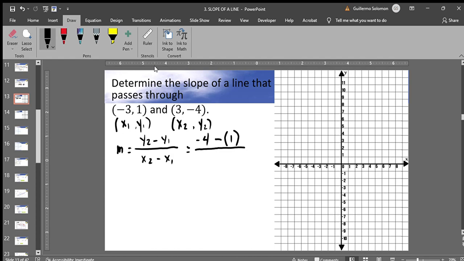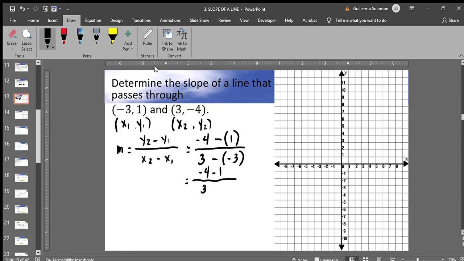Next, our x sub 2 is 3 minus, let us write negative 3, but don't forget to put a parenthesis first. So that is negative 3. Next, write the fraction bar. Negative 4 minus 1. So let us rewrite and remove all the parentheses in there. Negative 4 minus 1, and then 3.